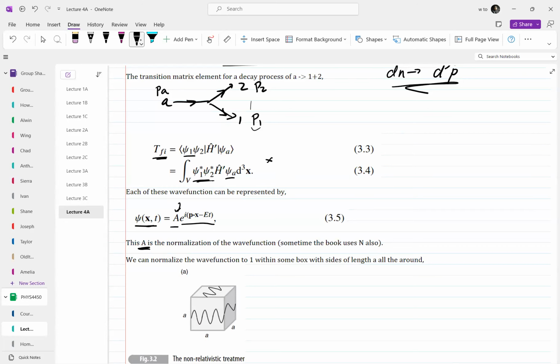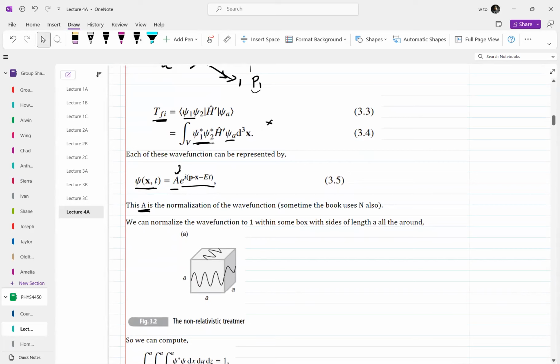But this normalization in front here is arbitrary. Typically what we want to do is normalize this wave function so that it has one particle in some box with length a on all sides. So on average there's one particle in this little box.